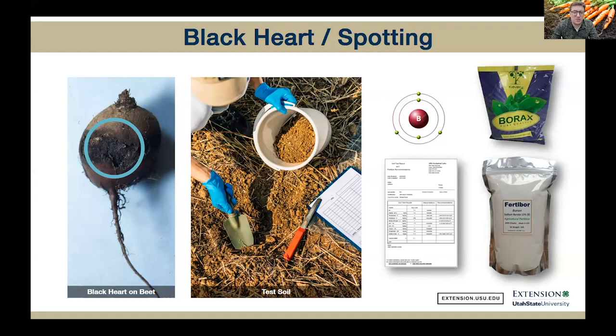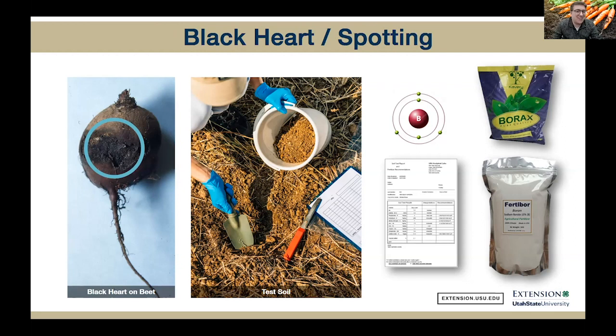And the disorder is caused by a localized boron deficiency. So if you're familiar with soil science, boron is one of our micronutrients. I don't think it's a big issue in Utah, but if you have really high pH soil, that could be a problem.